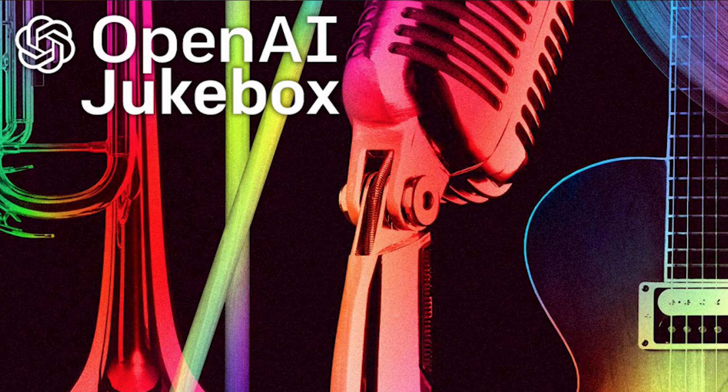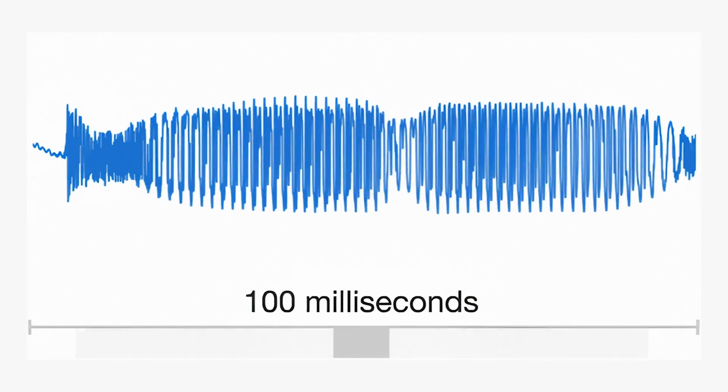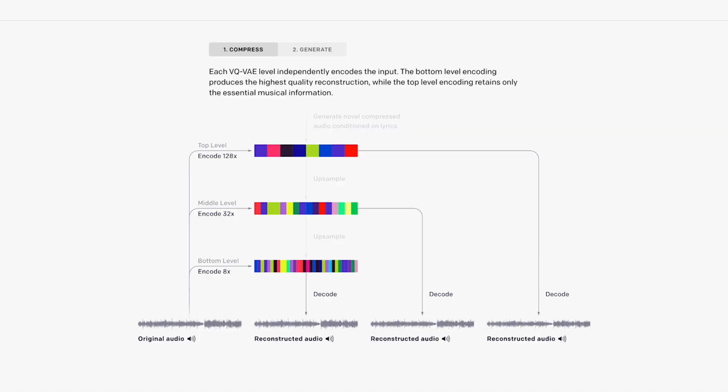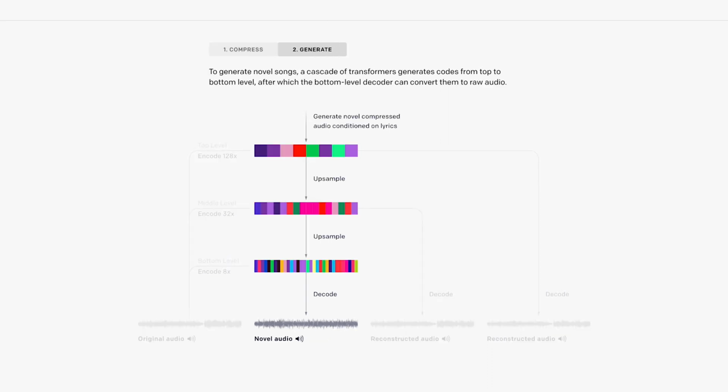Wait, so it's similar to OpenAI Jukebox? Well, both of them generate raw audio from models trained with raw audio. In the case of Jukebox, they first used convolutional neural networks to encode and compress raw audio and then used a transformer to generate new compressed audio that was then upsampled to turn it back into raw audio.